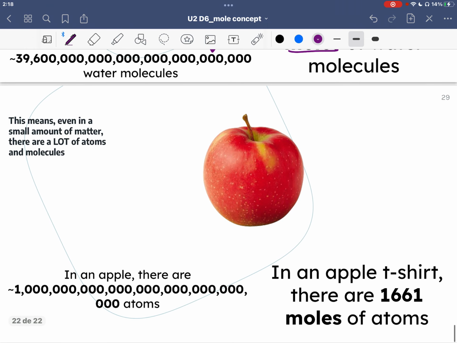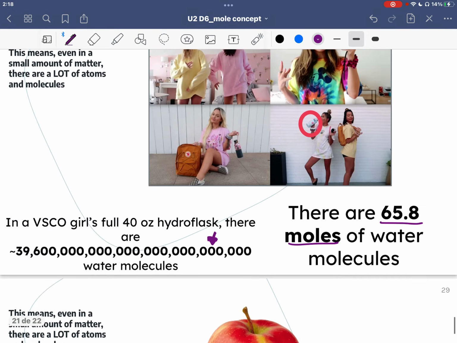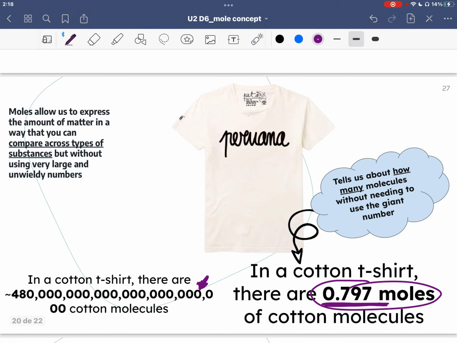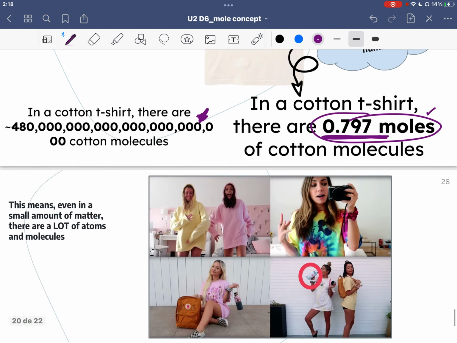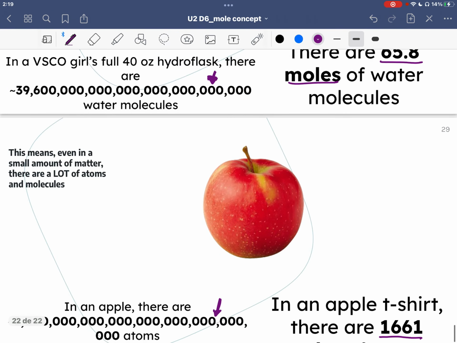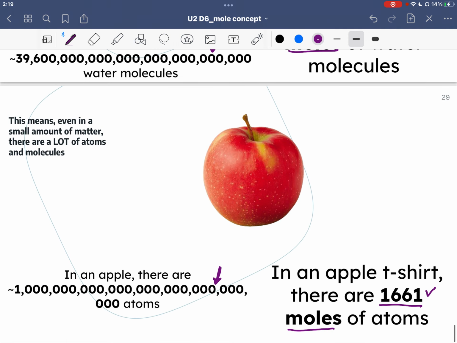And then finally, in the apple, there's 1,661 moles. So again, a big number, but way more manageable than this number. So you'll notice that as soon as I put things in terms of moles, the numbers get easier to deal with and they're easier to compare.